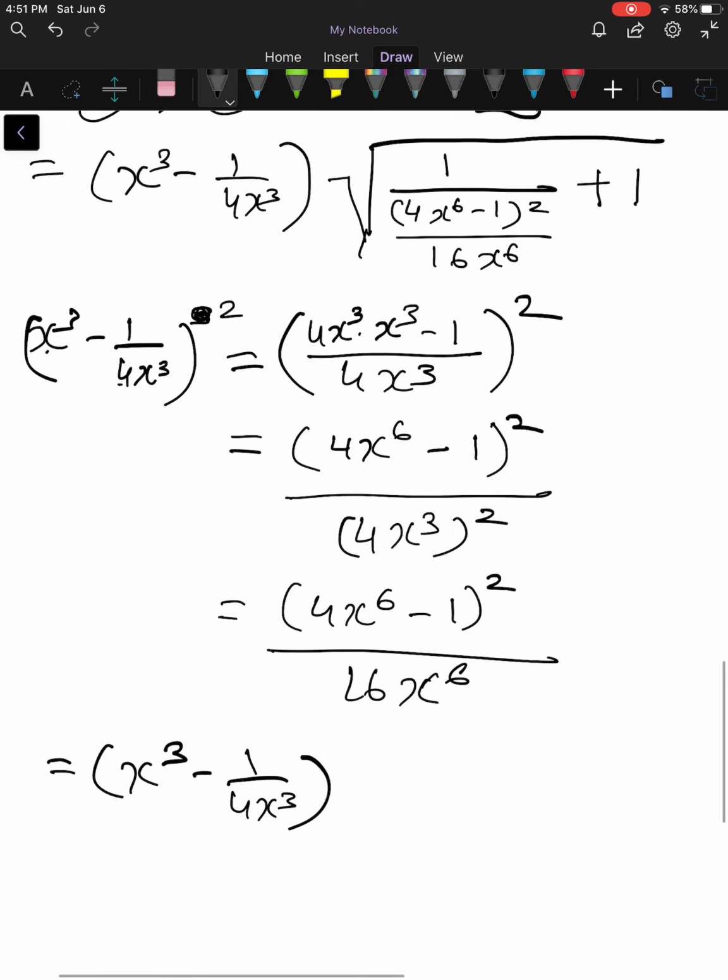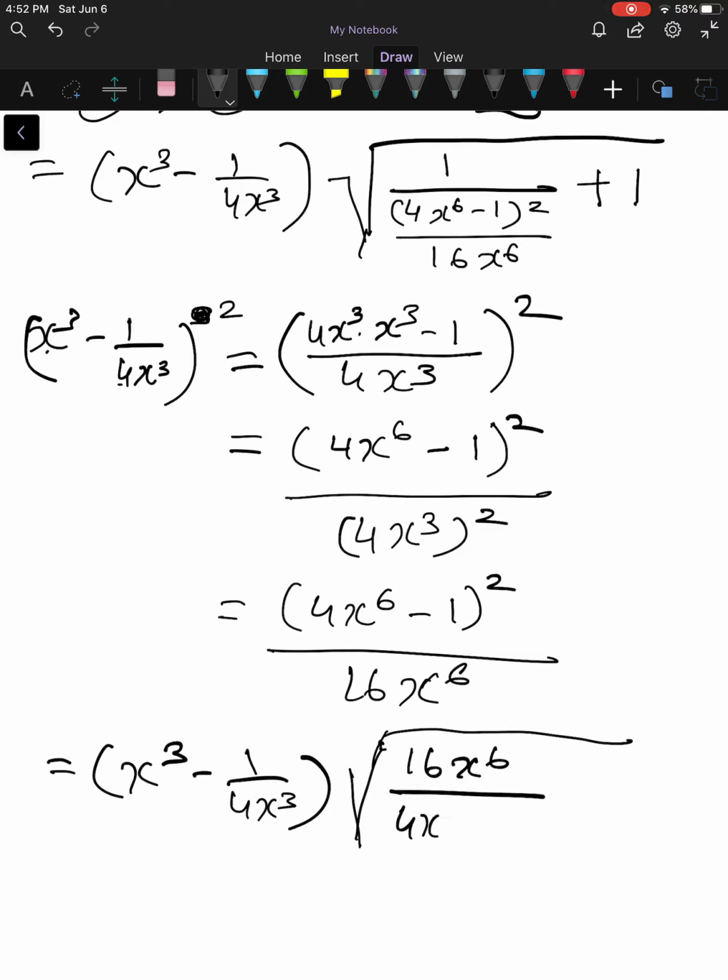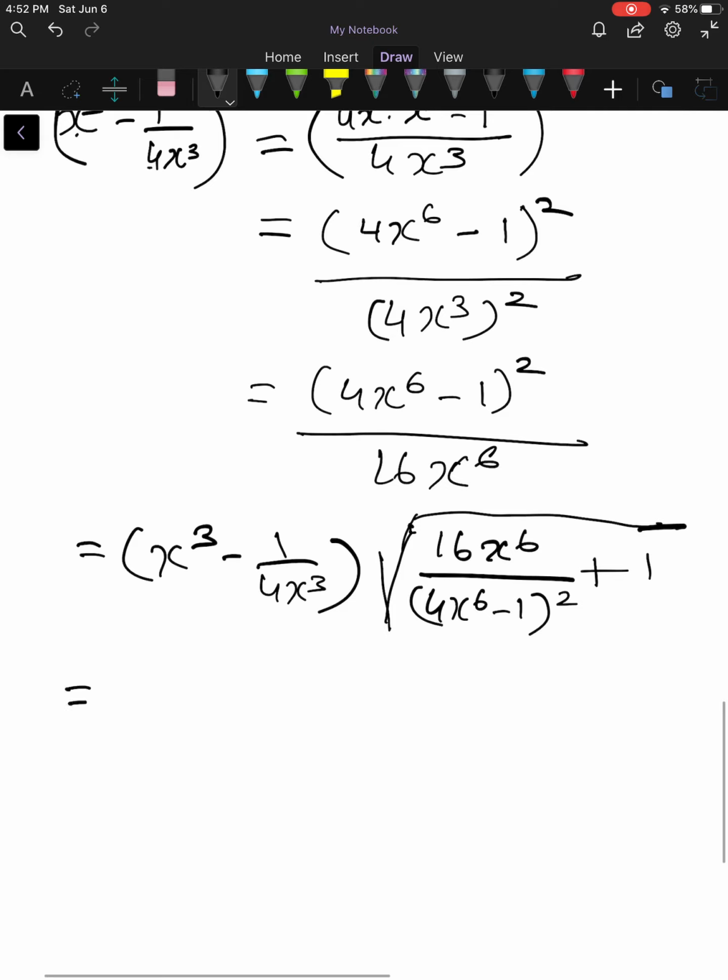So now further simplifying, we get square root. This would be 1 times the reciprocal of the denominator, that would give us 16x⁶ divided by (4x⁶ - 1)² plus 1.